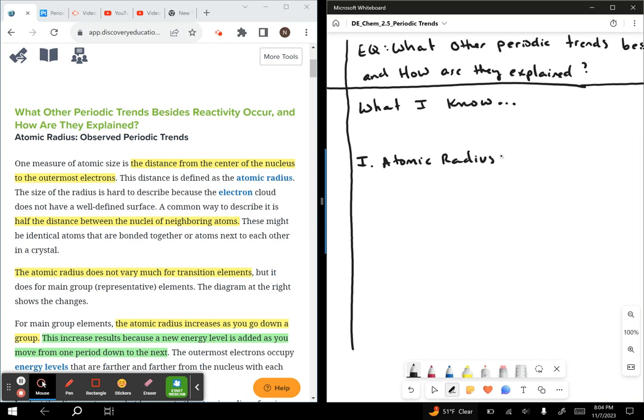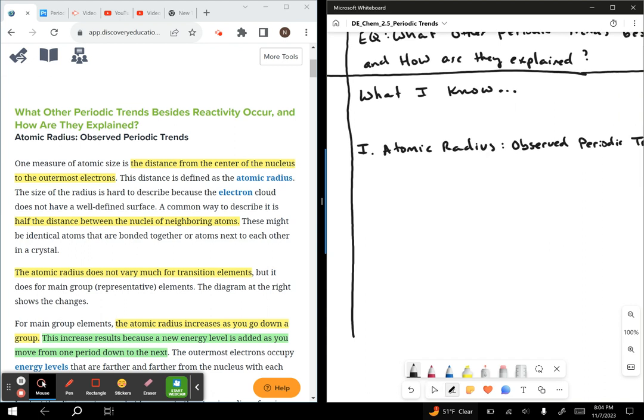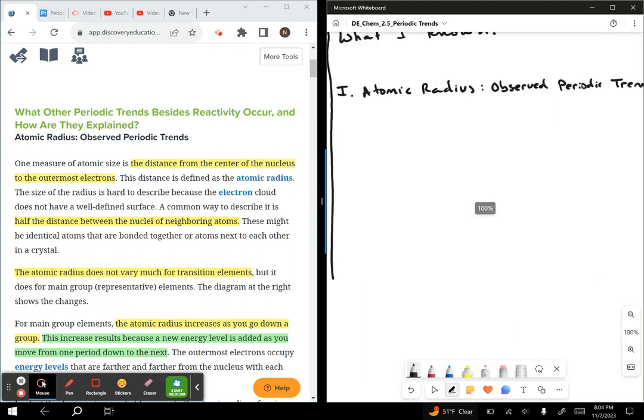Observed periodic trends. So if you recall, if we take a look at a basic shape like a circle, a circle has a radius, which is half a diameter, right?